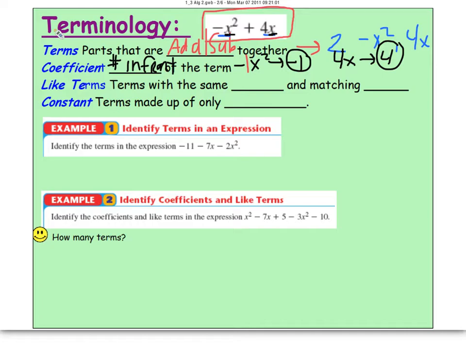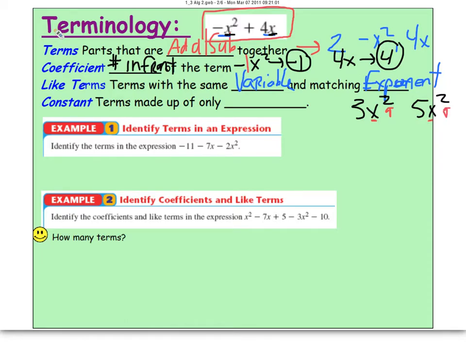Now, like terms are terms with the same variable and matching exponent. For example, if I said 3x squared and 5x squared, those are like terms, same variable, same exponent number.